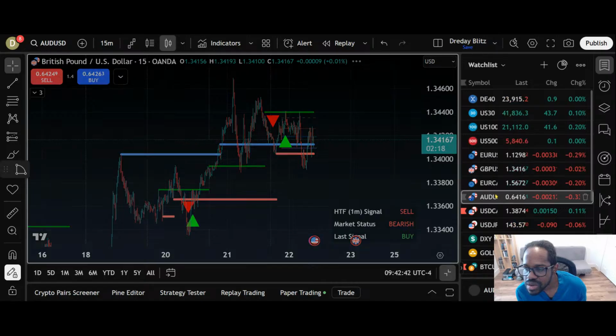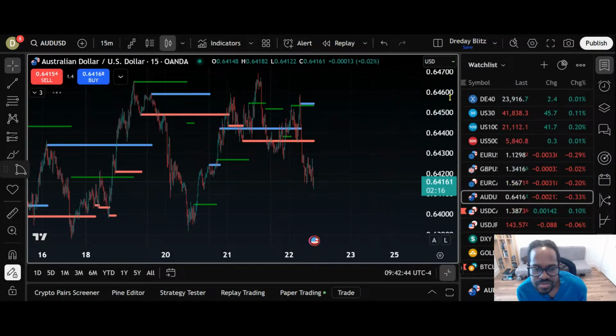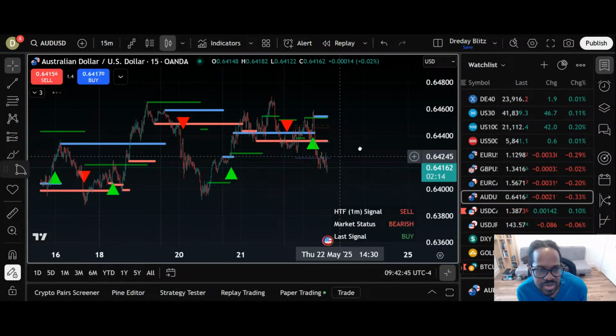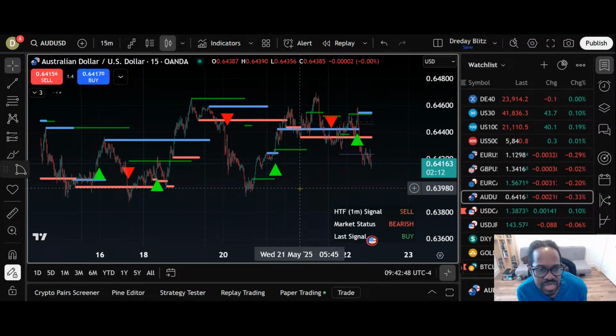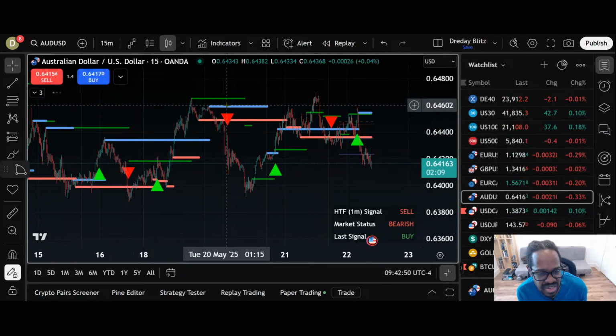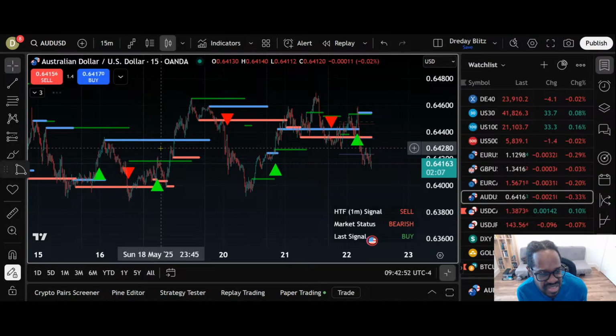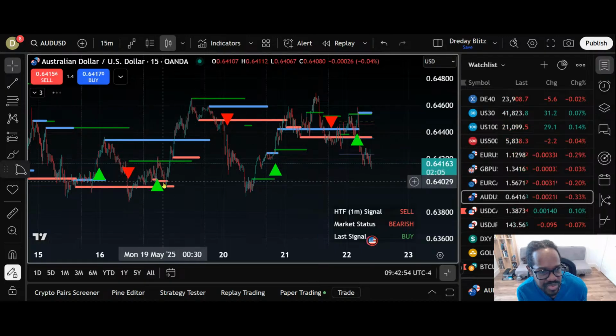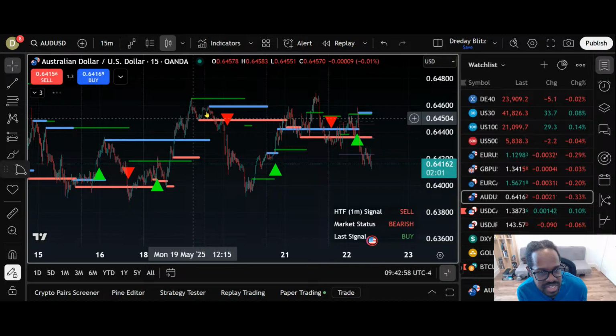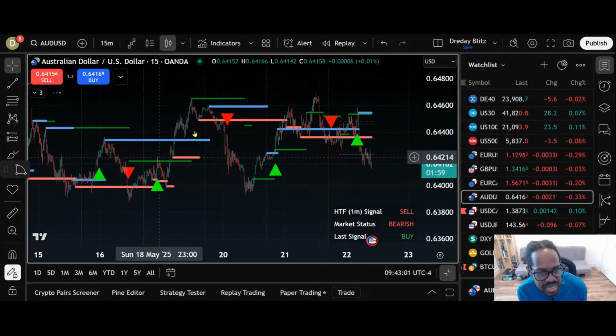And let's look at the AUDUSD. So AUDUSD, let's check the dates. So you had a buy here at the Asian, exactly at the Asian Sydney.